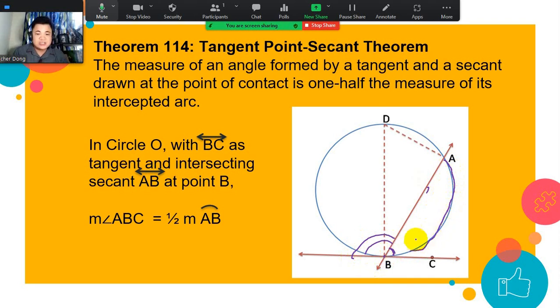So it's just the same as Theorem 97. You need to multiply this arc by 1/2 to get the measurement of this angle. So we can say that the measurement of angle ABC is 1/2 the measurement of arc AB.